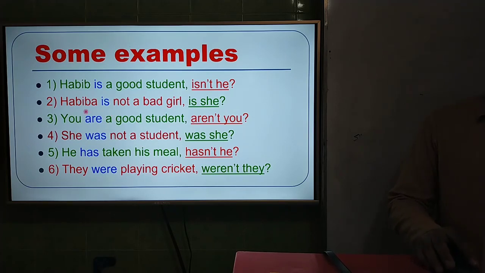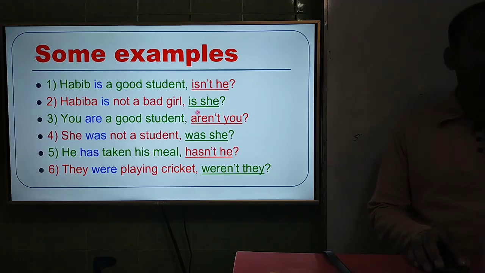Second one, Habiba is not a bad girl. Here the sentence is negative, so the take question will be affirmative. Here after the sentence we have to give a comma and then write the take question.